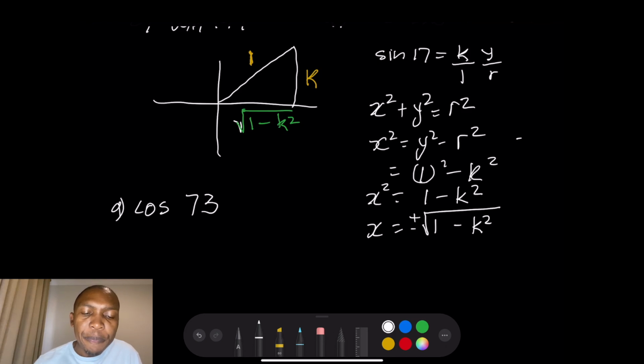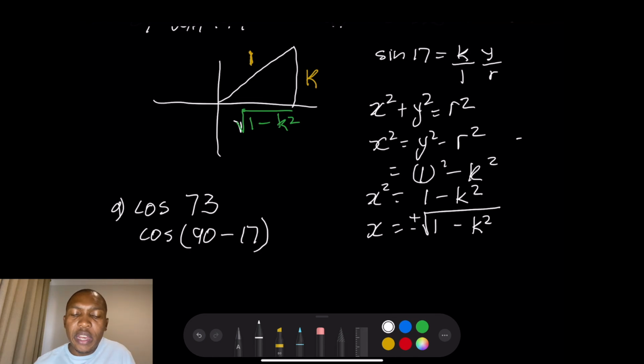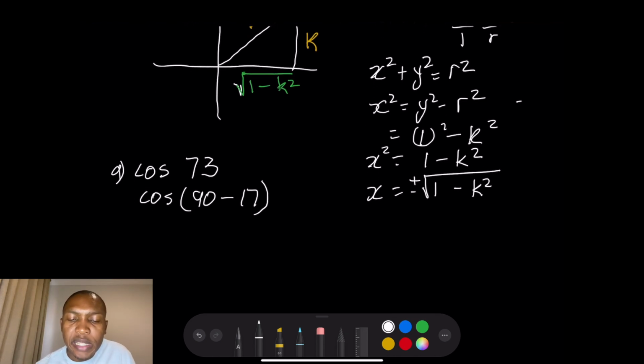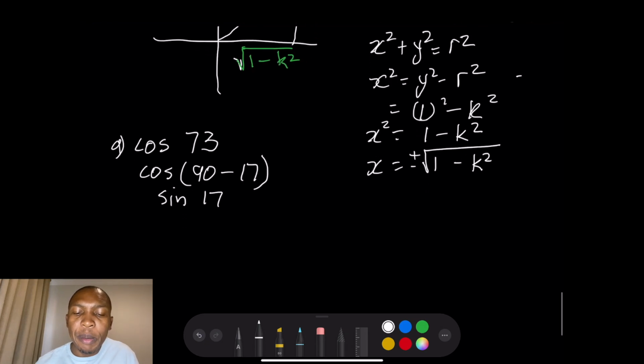You'll remember that cos of 73 is the same as cos of 90 minus 17. And remember, once we have 90, it means we need to change into our co-ratios. So cos of 90 minus 17 would be the same as sine of 17. I hope you remember that.